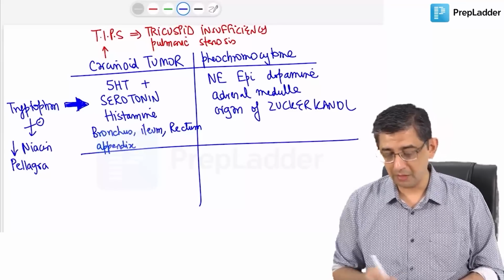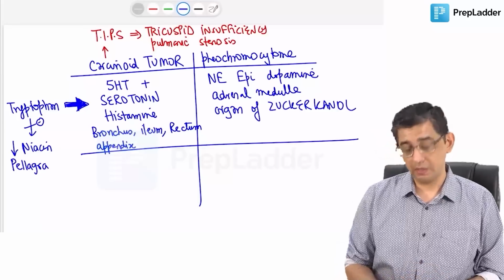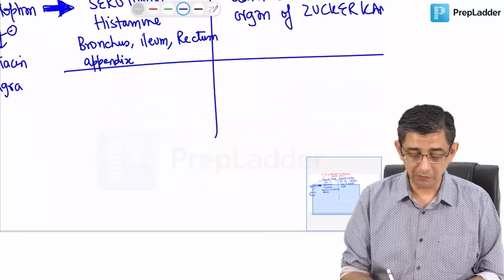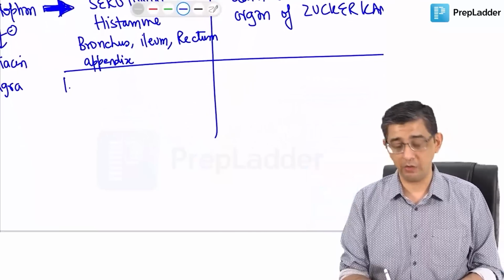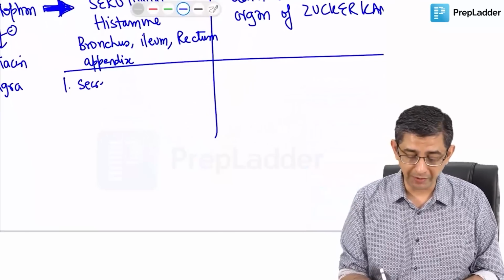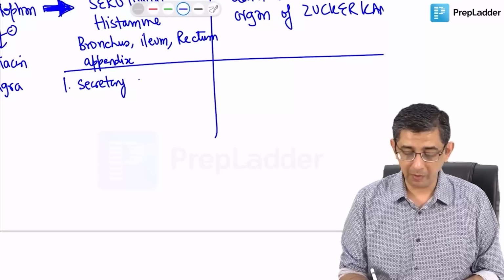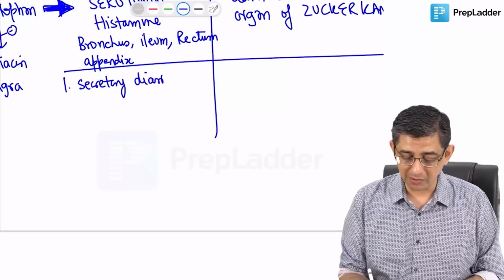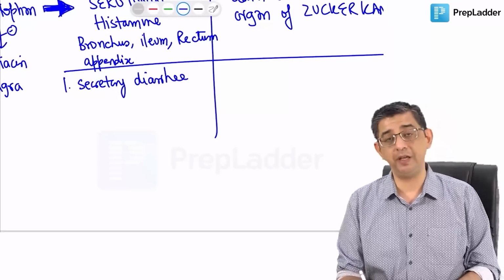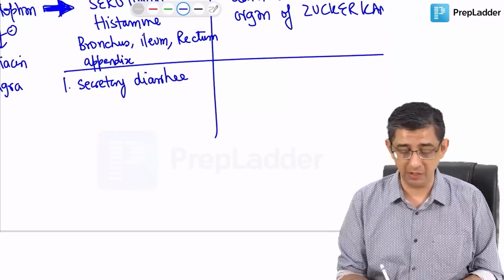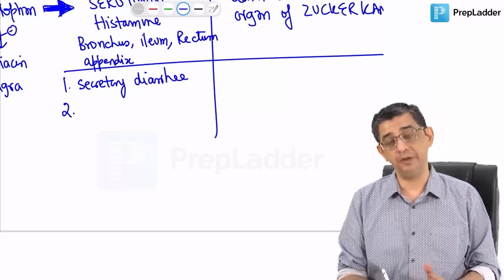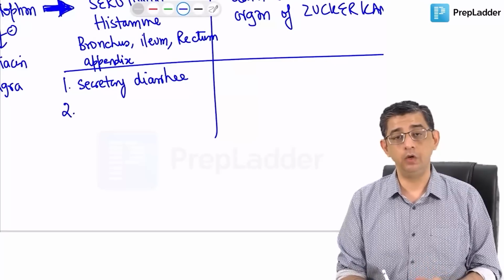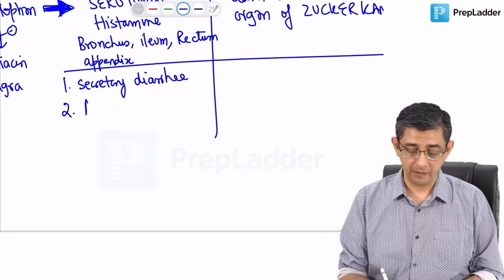Now we will compare the clinical features of the two. The clinical features of carcinoid tumor will mainly revolve around excess of serotonin contributing to secretory diarrhea. Please remember, osmotic diarrhea is responsive to fasting, whereas secretory diarrhea is non-responsive to fasting. So either he will write the word secretory diarrhea or he will say diarrhea non-responsive to fasting.